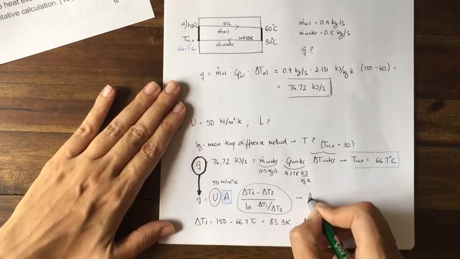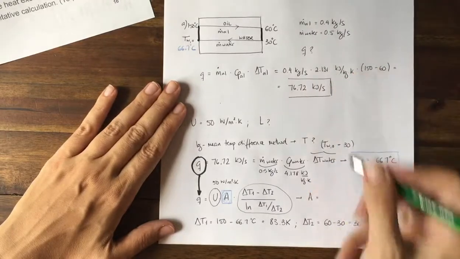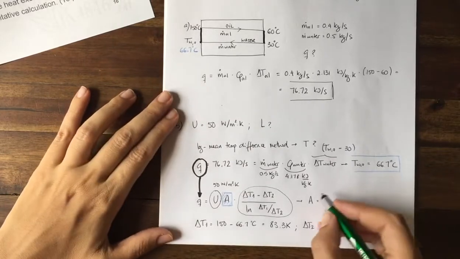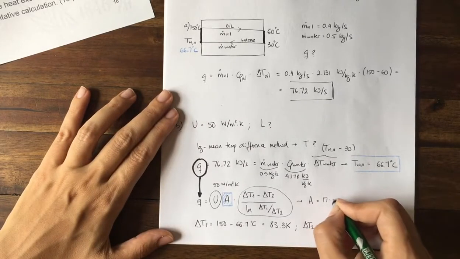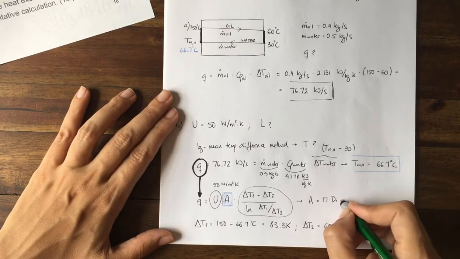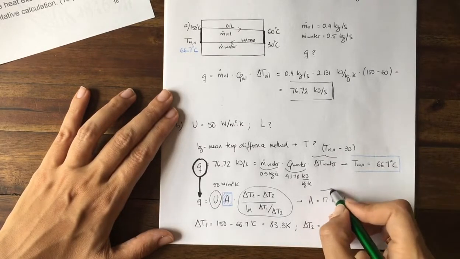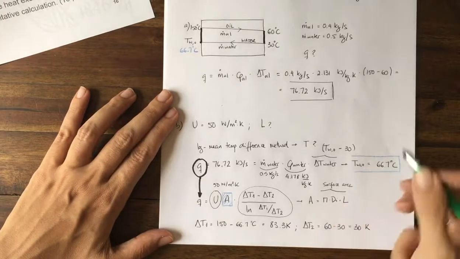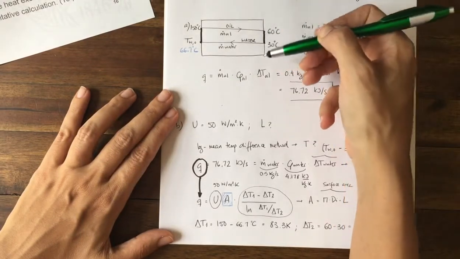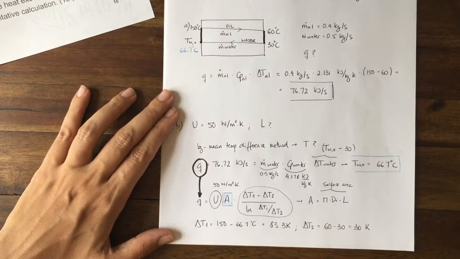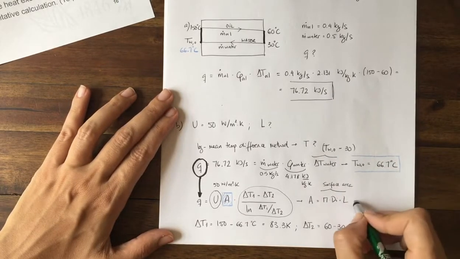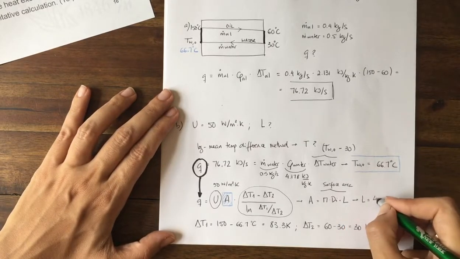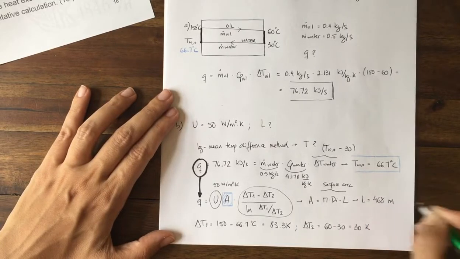So we can calculate here the area, and we know because it's a cylinder that the area where the heat is being transferred is equal to pi times the internal diameter times L. And again, this is the surface area of the internal cylinder, because this is where the heat transfer takes place. From here, we can calculate the value of the length, that if you made the calculations, is 468 meters.